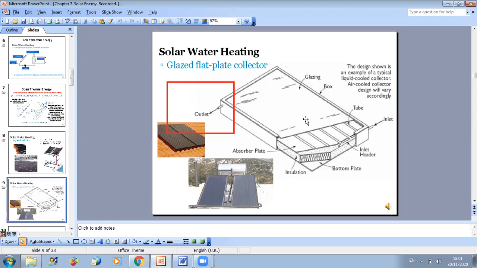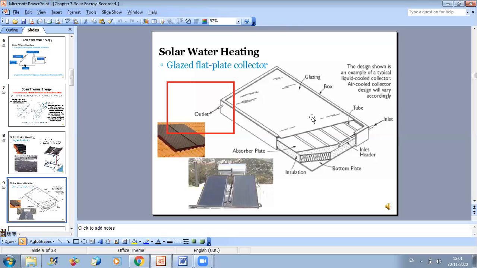The mode of operation is the same. You circulate water through the tubes from the inlet, and the solar energy collected through the glazing and transmitted to the system will heat the water, and then the water can be used for any application.